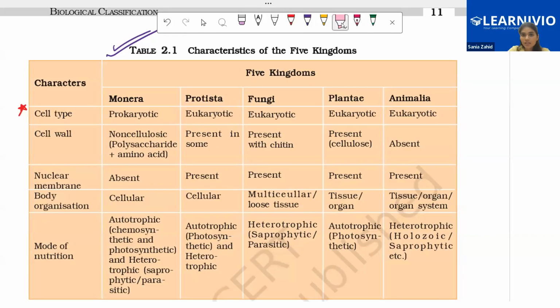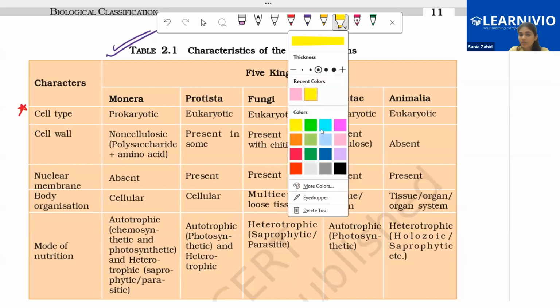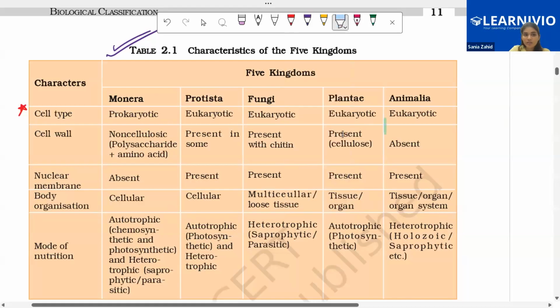Now, basically, the cell type can be either prokaryotic or eukaryotic, right? So he said that all the prokaryotic organisms will be one category, that is, they will be counted under Monera, right? And the other eukaryotic organisms he kept on one side.